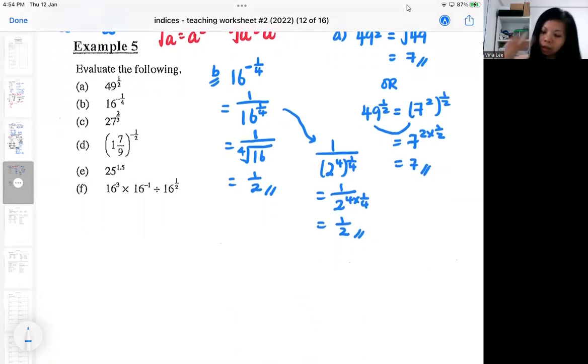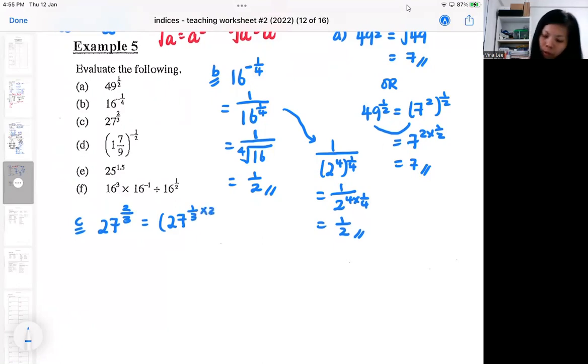For part C, we are looking at a non-negative power, but the numerator is not 1. So we want to simplify the 2/3. I'm going to simplify the 2/3 into 1/3 times 2.